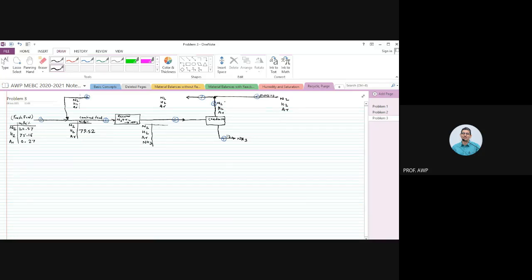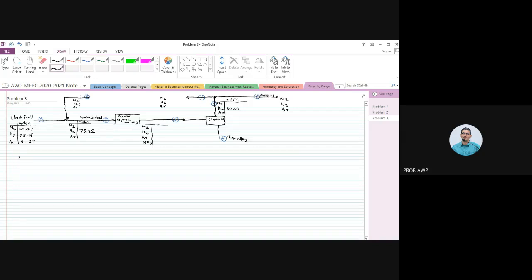In the gas going out from the condenser, if we write in terms of mole percent, hydrogen is 80.01. Okay, these are the compositions that I know.